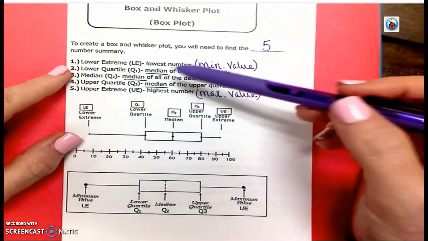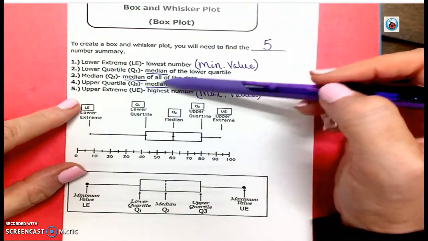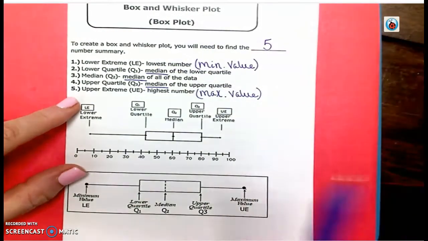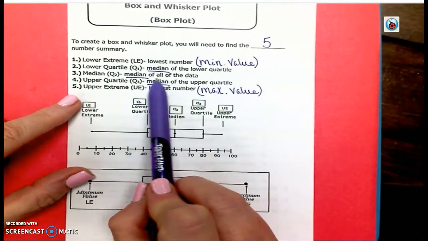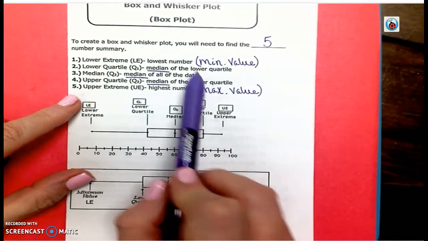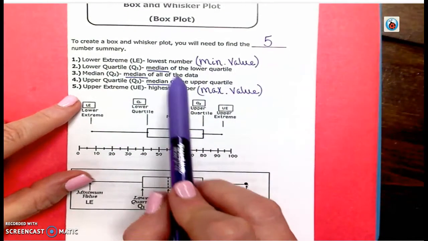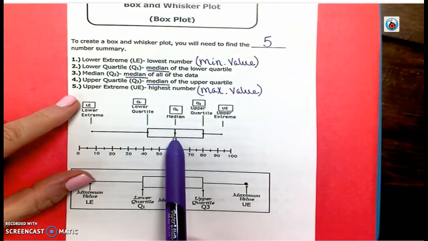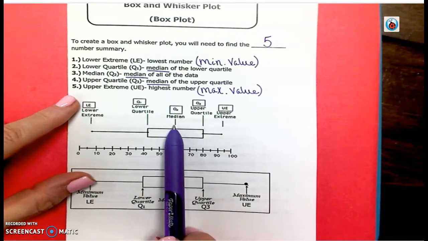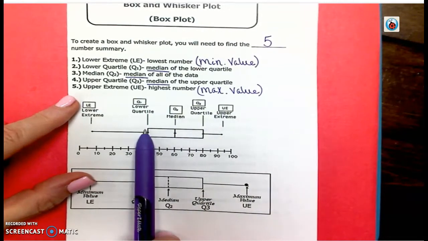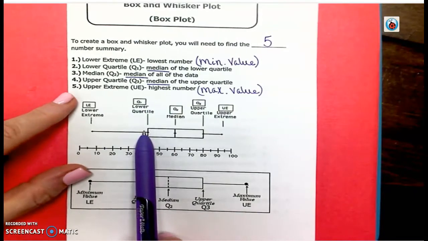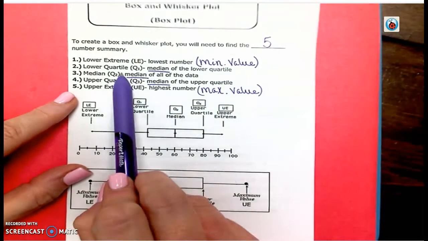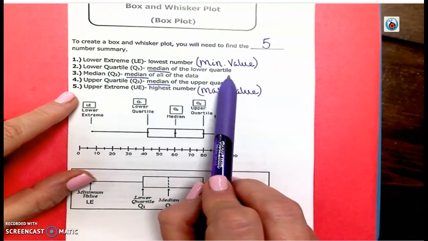Then, as I said, you're left with your box that consists of your medians. The one in the middle is going to be the median of all of the data. You would put your numbers in order least to greatest, find the median, and that would be the median of all of your data. Then from that median, the numbers to the left of it, you would find the median of those numbers. That's going to be your lower quartile, which is the median of your lower half.